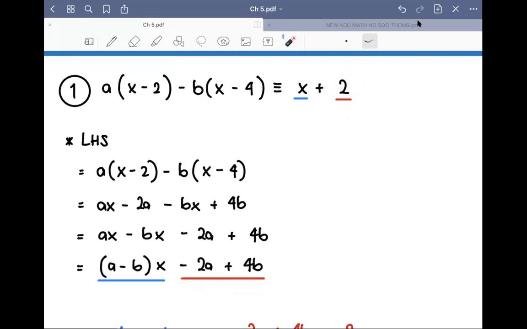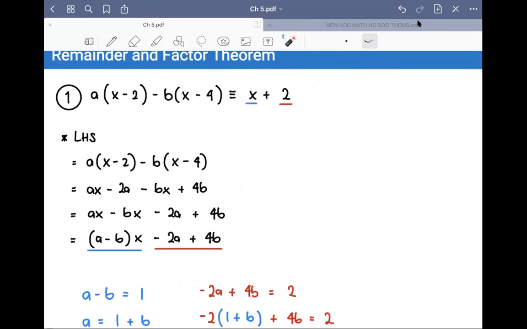So let's compare them now. So we have a minus b equals 1. Where did it come from? So a minus b is the coefficient of this. And then where did I get equals 1? The 1 came from here. The coefficient of x here is 1.